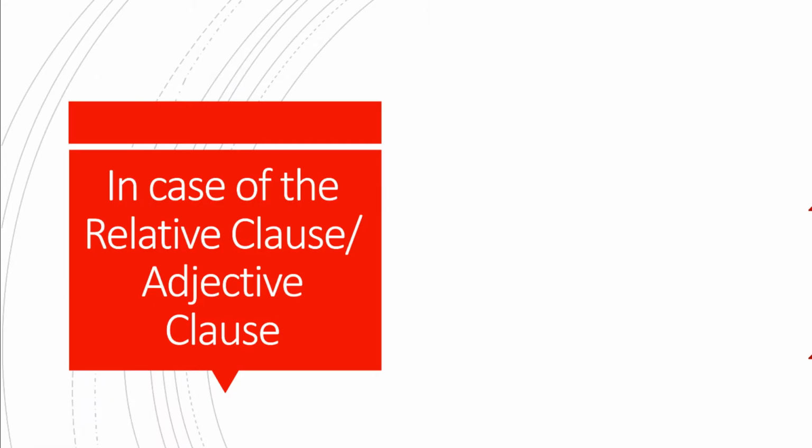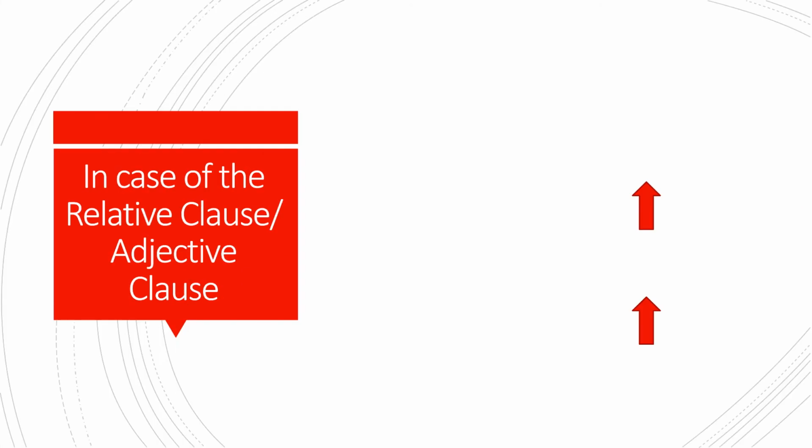Now let's move further and check what is the rule for putting a comma in the sentences that have a special kind of subordinate clauses, the relative clause or the adjective clause. Now first understand what is a relative clause.